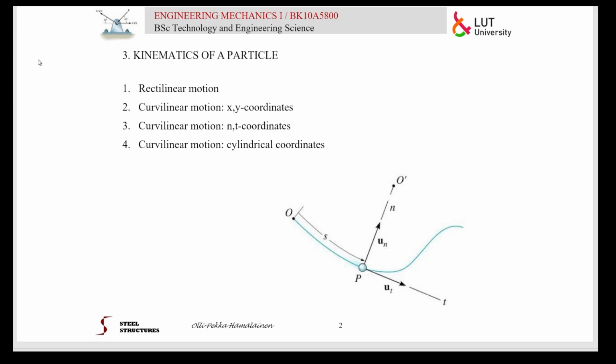Let's continue. What we're going to see today is how to represent the kinematics of something, in this case a particle, in different ways. First, we are not considering rotation of a particle because the definition of a particle is something that has no dimension. It's difficult to express rotation in something that has no dimensions.